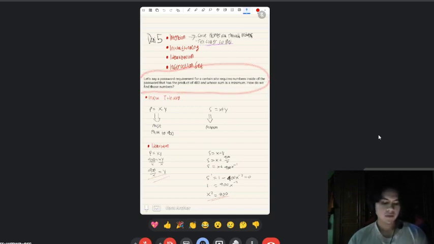Let's say there's a password requirement if you're signing up for a website, and a certain site requires numbers inside of the password. This particular site is very tricky about the requirement: the numbers have to have a multiplied product of 400, and whose sum is minimum.